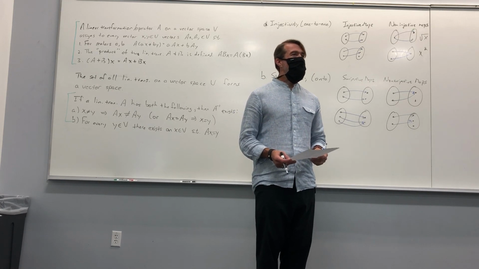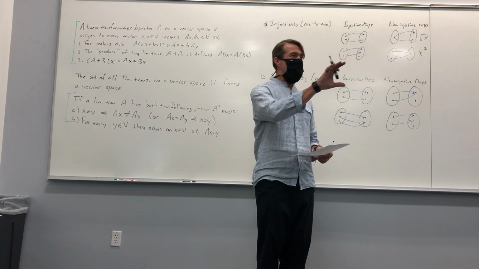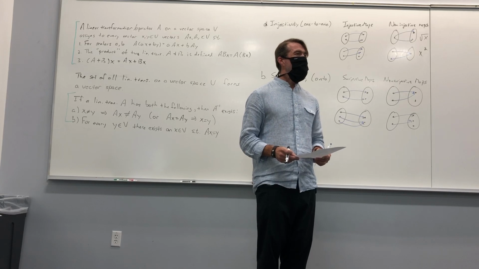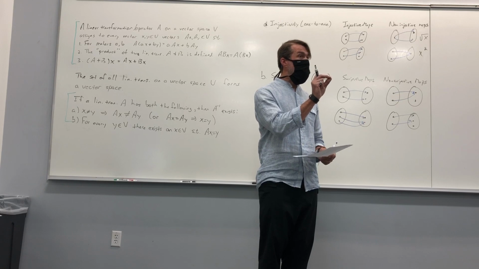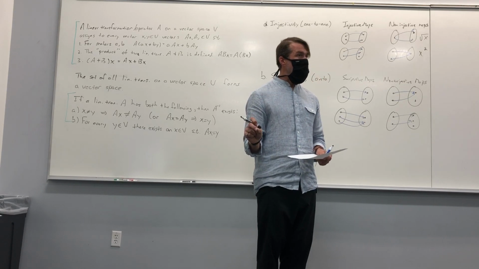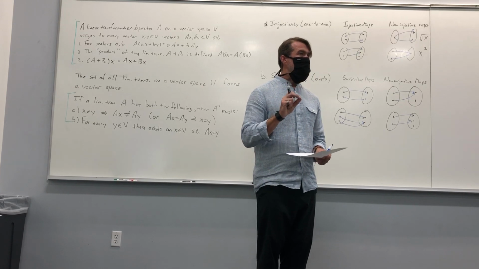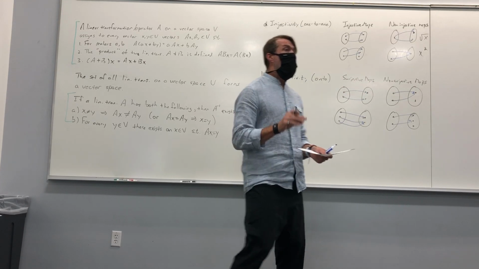Now, a linear transformation maps from a vector space to the same vector space. If it is injective, it is also surjective. If it is surjective, it is also injective. It doesn't have to be either one of them. Exactly.